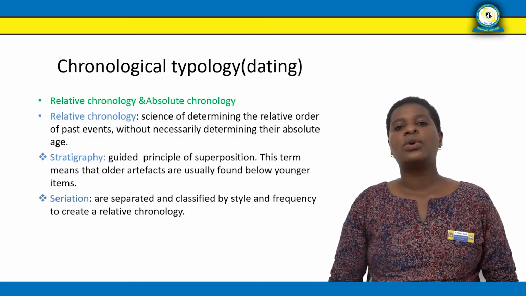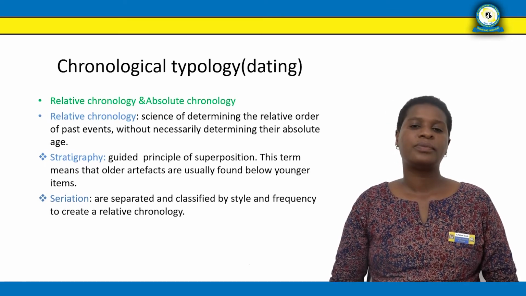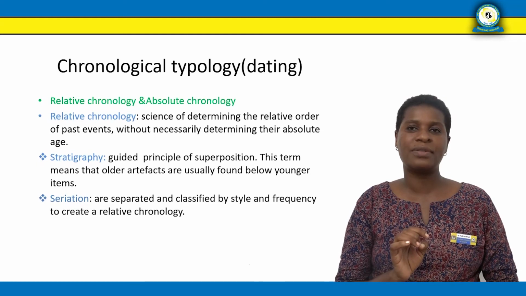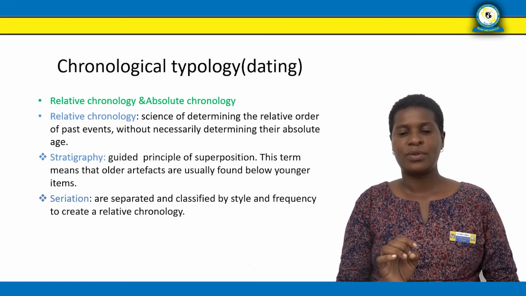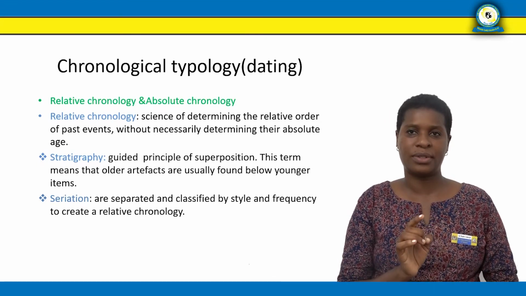Getting to chronological typology dating, or sometimes we call it archaeological dating. We say chronological typology has the element of time. So the aspect of dating gets into this chronological typology.